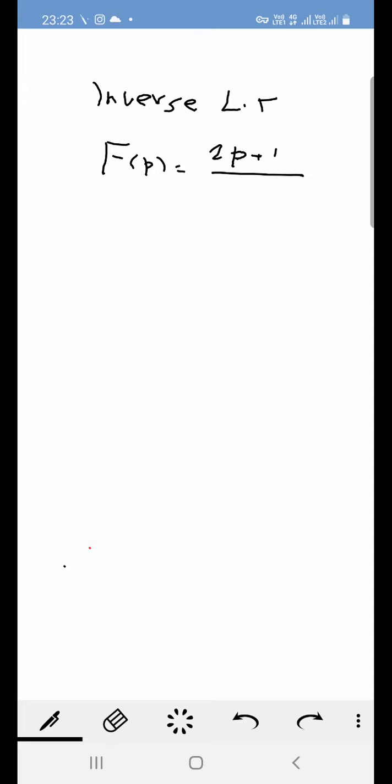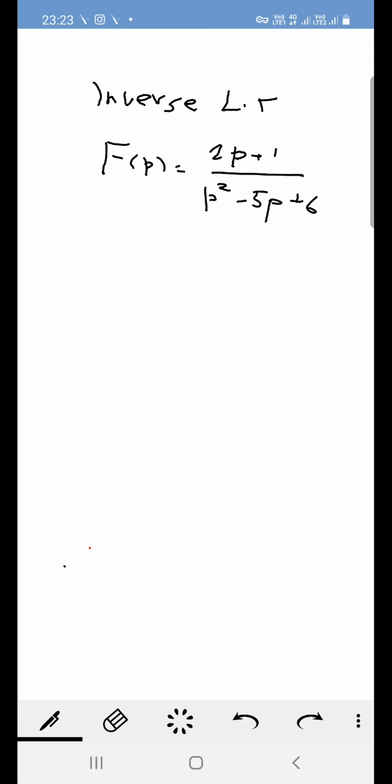Okay, so our next problem is to find the inverse Laplace transform of the expression F(p) equal to 2p plus 1 divided by p square minus 5p plus 6.